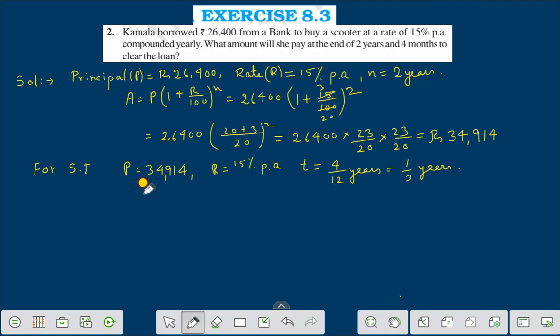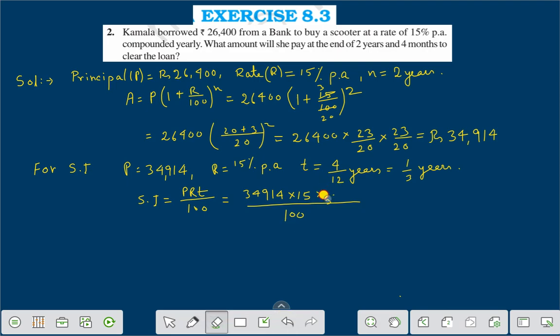We know that simple interest is equal to PRT by 100. The principal is 34,914, R is 15%, that is 15 by 100, and T is 1 by 3.